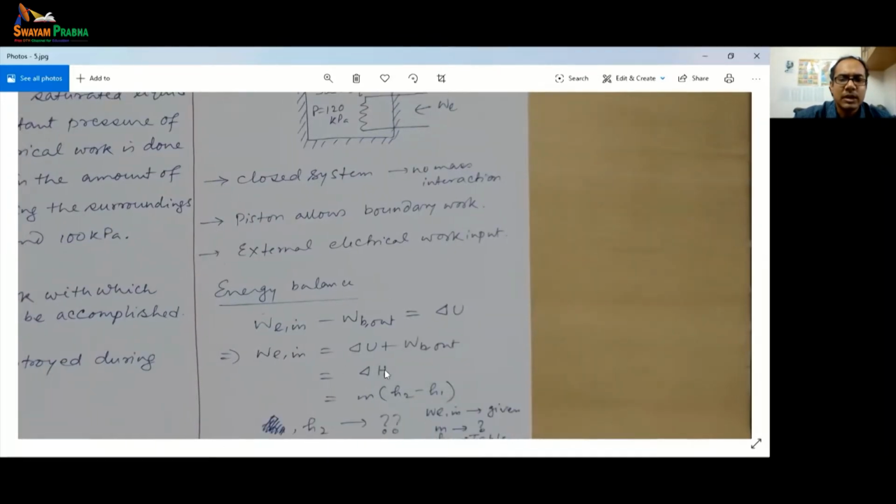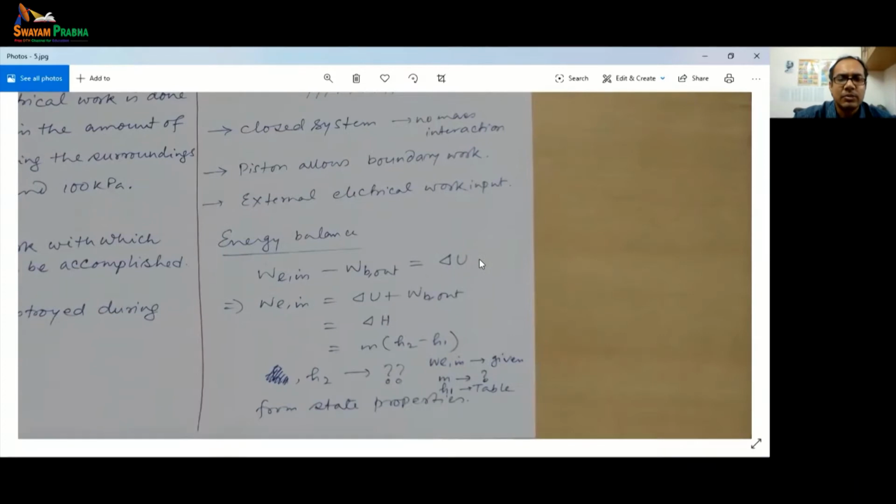So the boundary work is going out, and the difference gives us the change in internal energy of the fluid inside the piston cylinder device. So here we can write that the electrical work input can be written as delta U plus the boundary work.